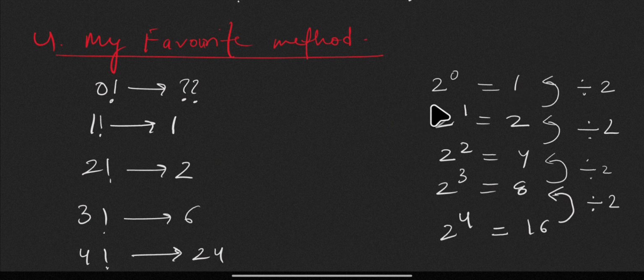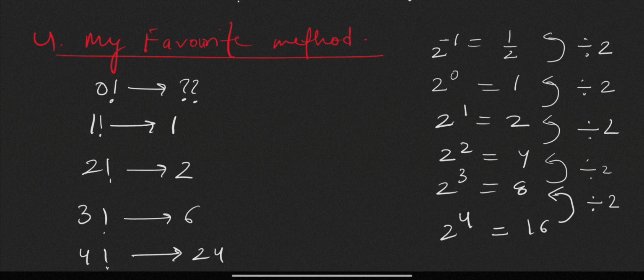Then again, to get 2 raised to minus 1, I get half after dividing by 2. In similar fashion, I can get the values of 2 raised to minus 2, 2 raised to minus 3, 2 raised to minus 4. You can calculate it.